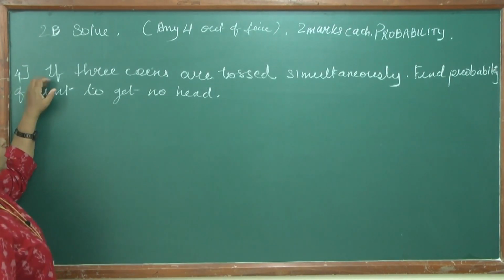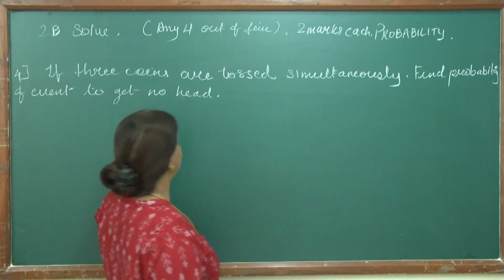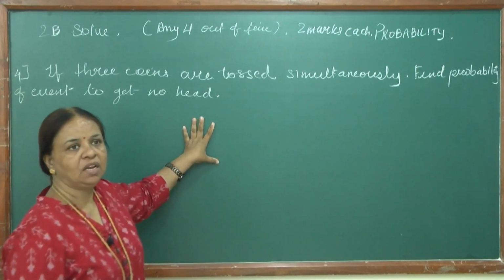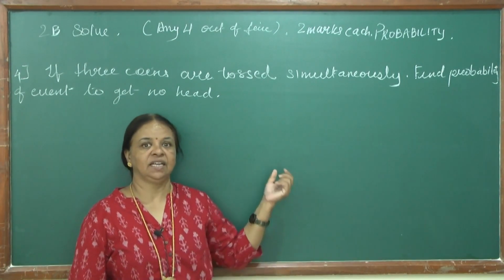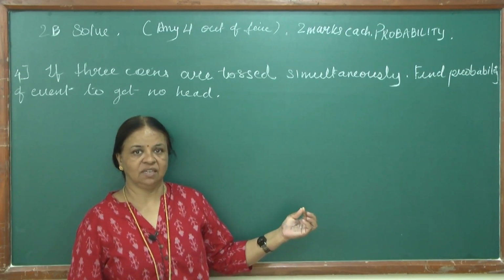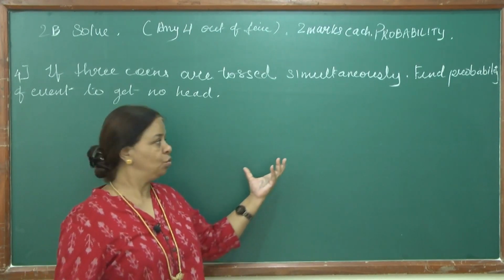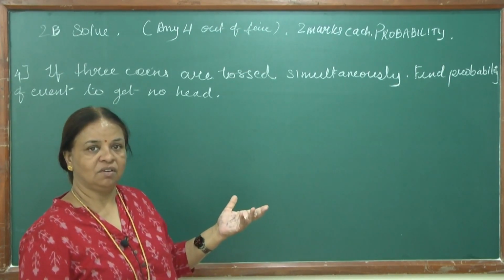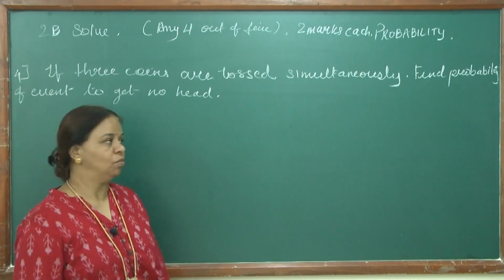Question number 4. If 3 coins are tossed simultaneously, find the probability of the event to get no head. Now children, I have shown you 1 coin tossed, 2 coins tossed. Now we are going to see for 3 coins. Let me show you a shortcut trick on how to write. Here I will be giving you a shortcut formula.